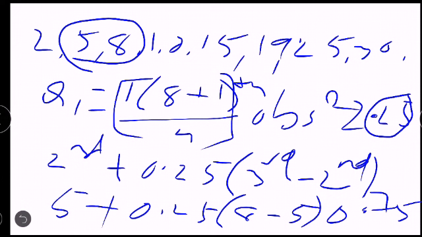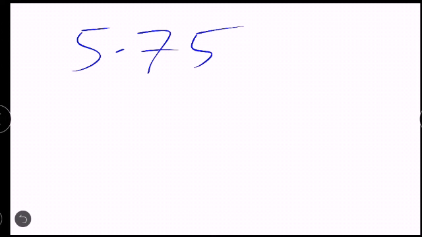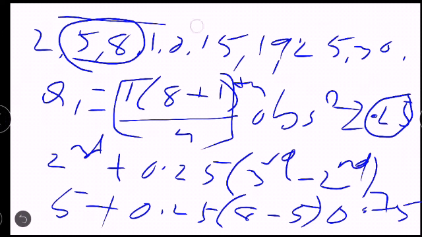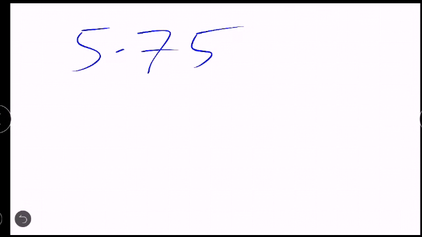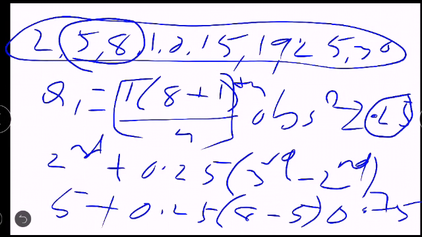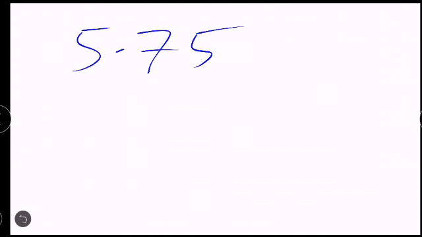So the final answer is 5.75. So the first quartile Q1 value for the given observation is 5.75. So like that, if you want to find the third quartile, that is Q3, for the same data.